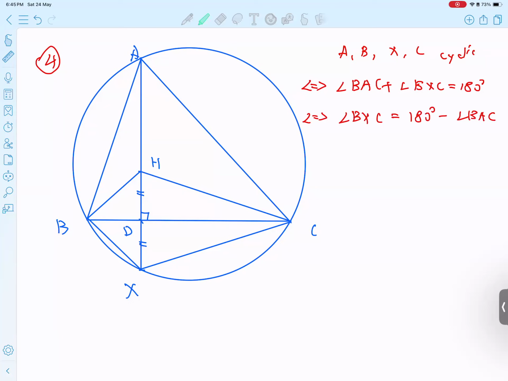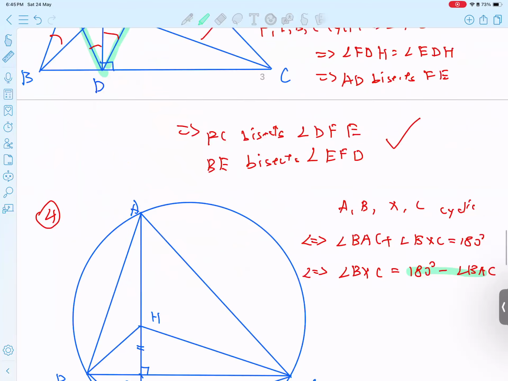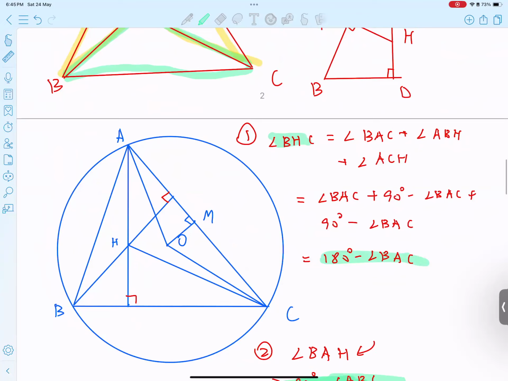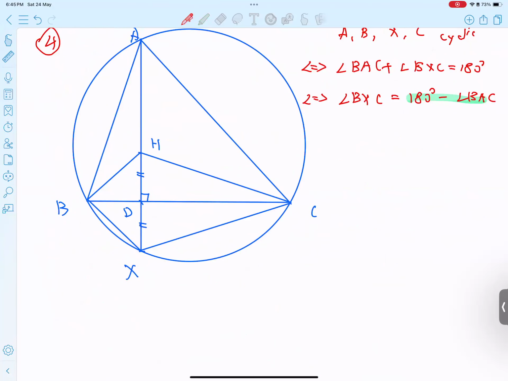And this thing should look familiar to you. So 180 minus A appears here, which is BHC. So it will be equivalent to proving angle BXC equals angle BHC. And we know this is true because triangle BHC is actually congruent to BXC. So you see H is the reflection over BC.